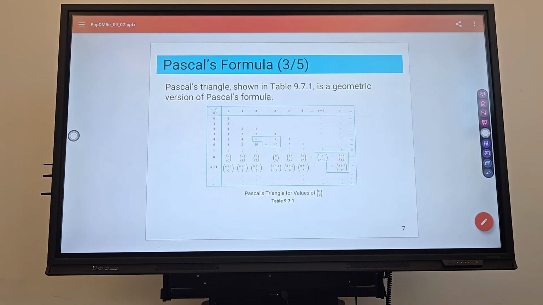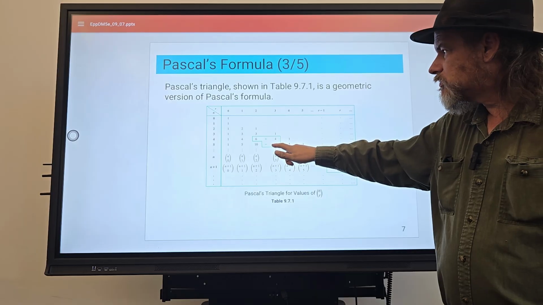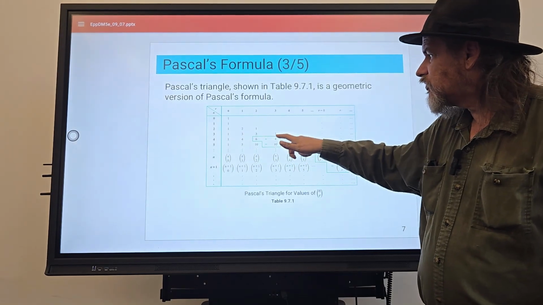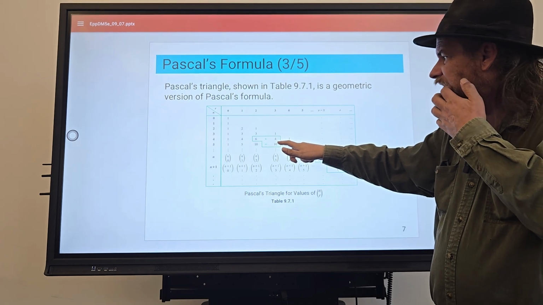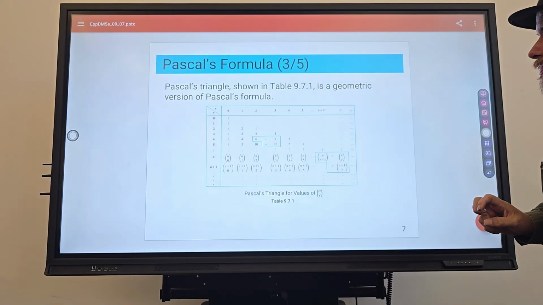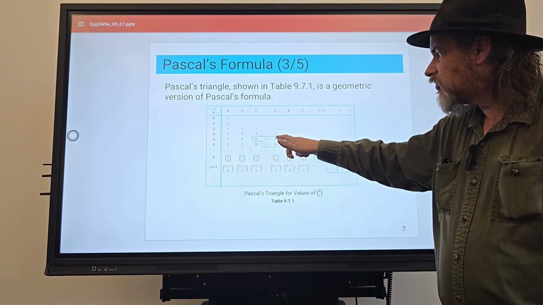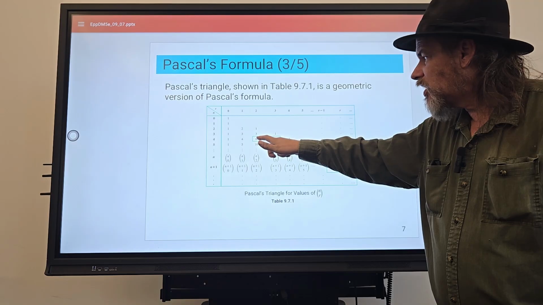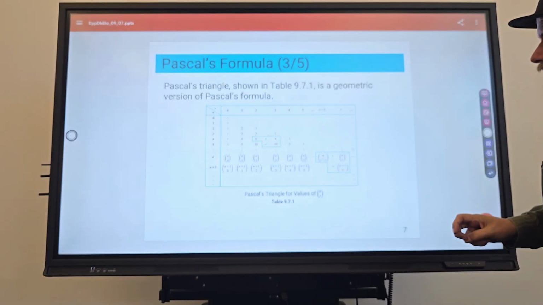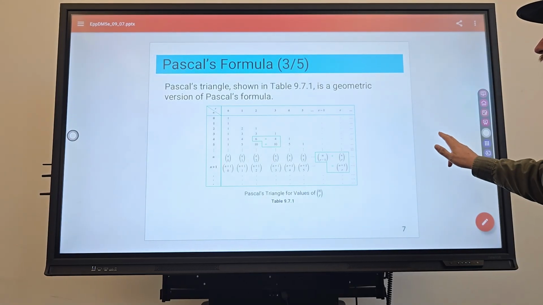It's a geometric version of Pascal's formula, where you can see that 5 choose 3 is 4 choose 3 plus 4 choose 2, or n plus 1 choose r equals n choose r plus n choose r minus 1. Sorry, tripped over my tongue there.